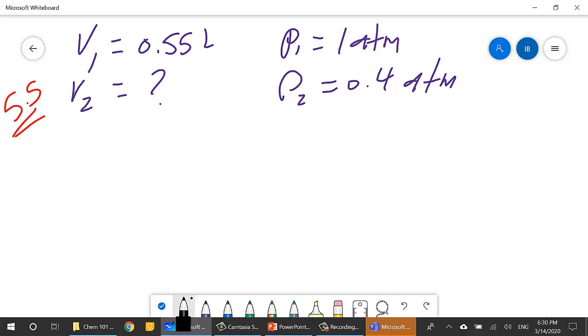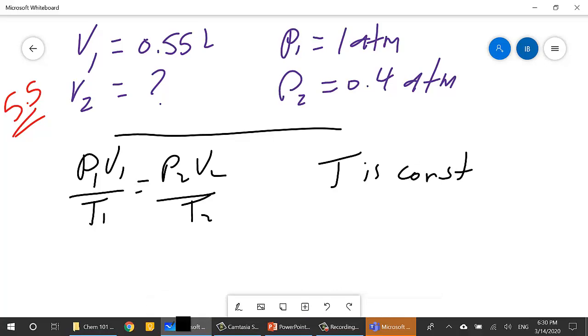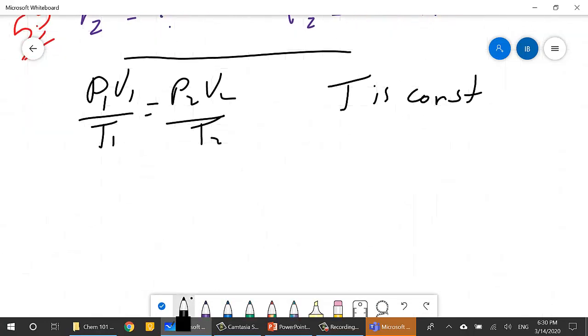So the best thing is to use P1 V1 over T1 is equal to P2 V2 over T2, but temperature is constant, as the question says, and therefore T1 is equal to T2, and they cancel out, and you will have a very nice equation, which is P1 V1 is equal to P2 V2.